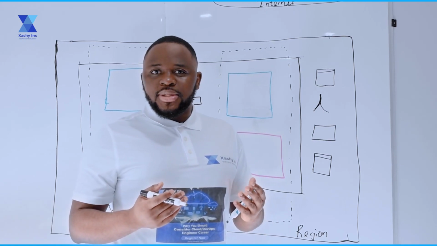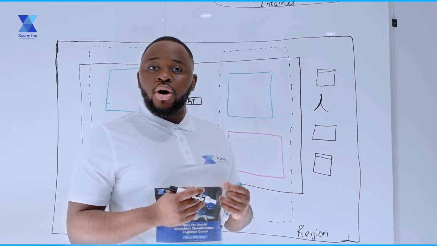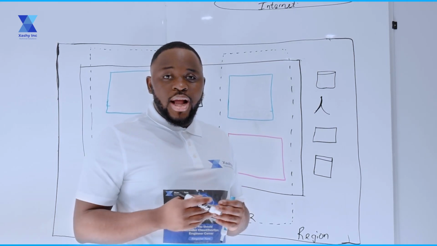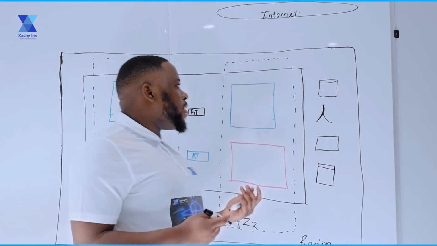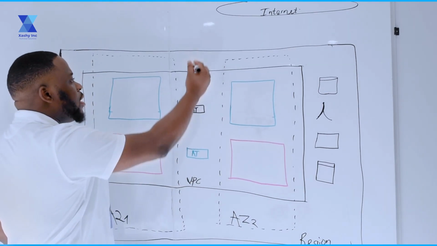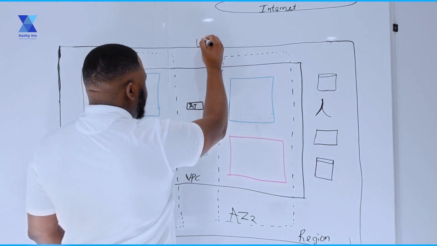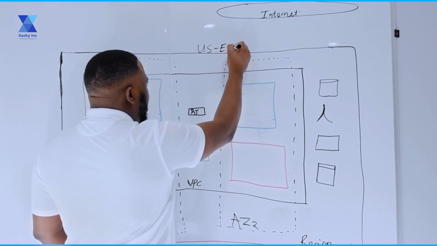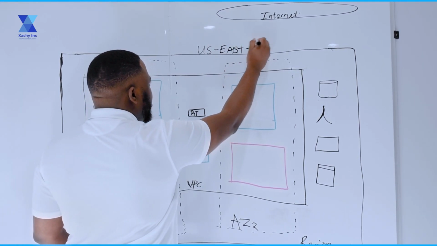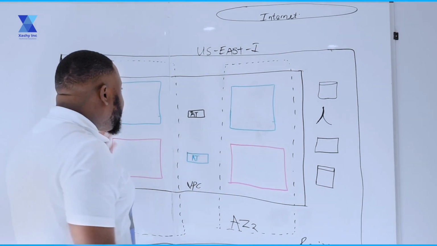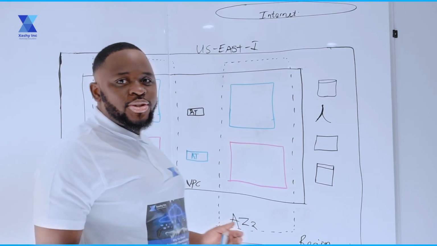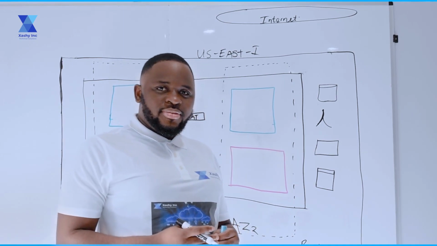When you create a VPC, it spans across all availability zones within that region. So let's say, for example, you're making use of the US East 1 region, and you create a VPC in this region. It spans across all availability zones in that region.